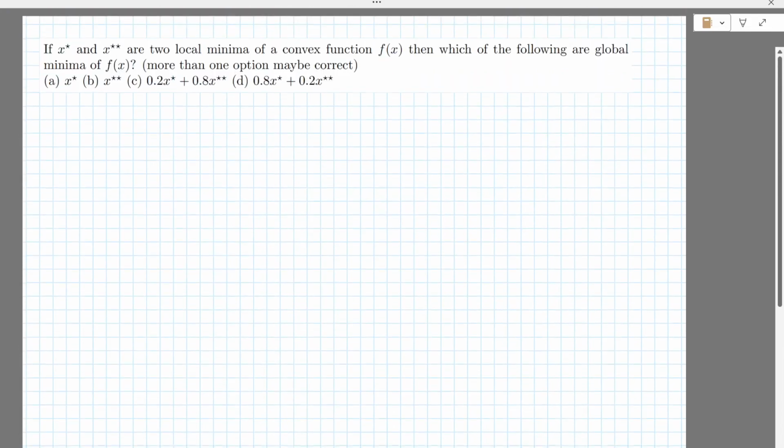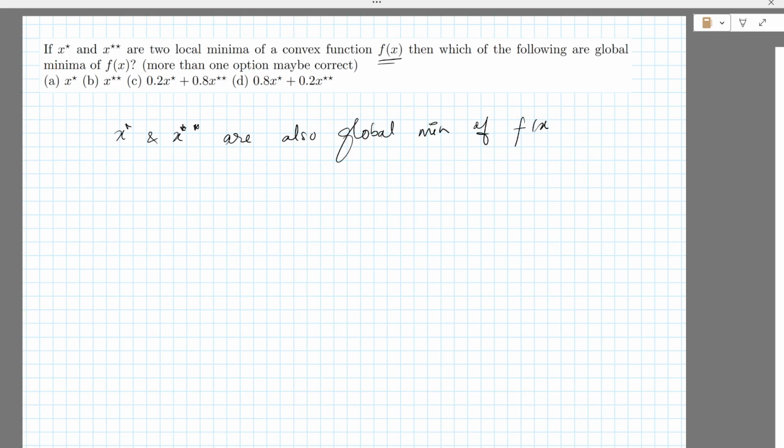Let's look at this question. You have 2 points x star and x double star. They are the local minima of a convex function f of x. Then which of the following are global minima of f of x? So we are given f of x is convex, so we know that x star and x double star are also global minima of f of x.